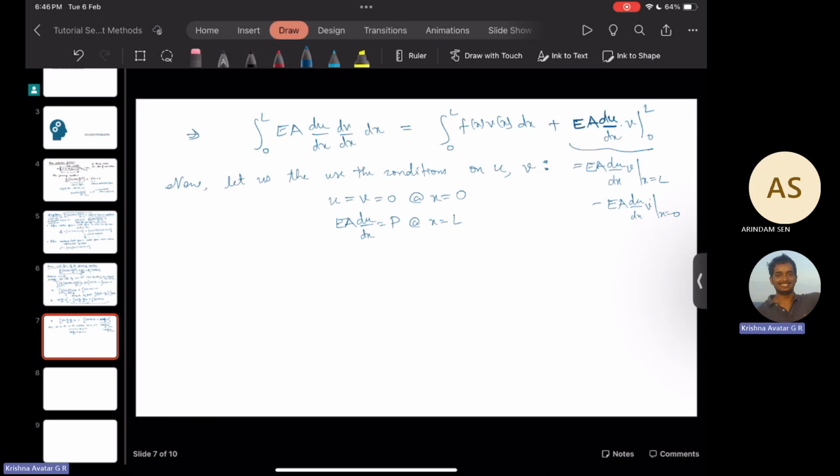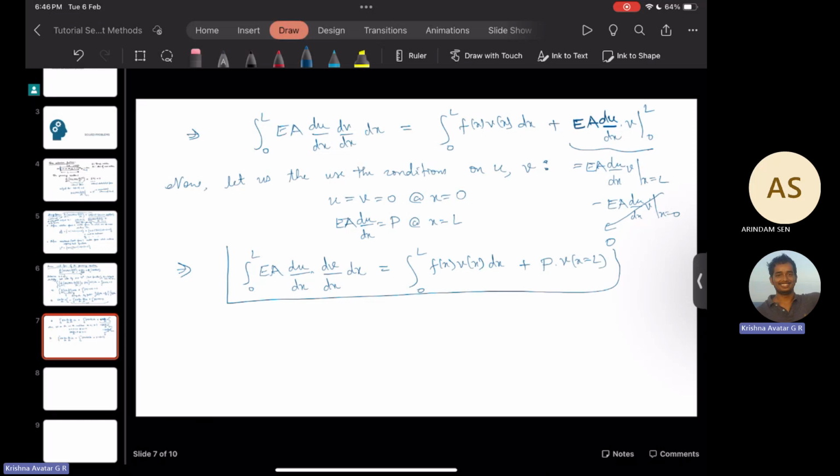So this term actually goes away since v is 0, and we will be left with this term. Let me write it again. This becomes integral of 0 to L EA du/dx dv/dx is equal to integral of 0 to L f of x v of x dx plus P times v at x is equal to L.